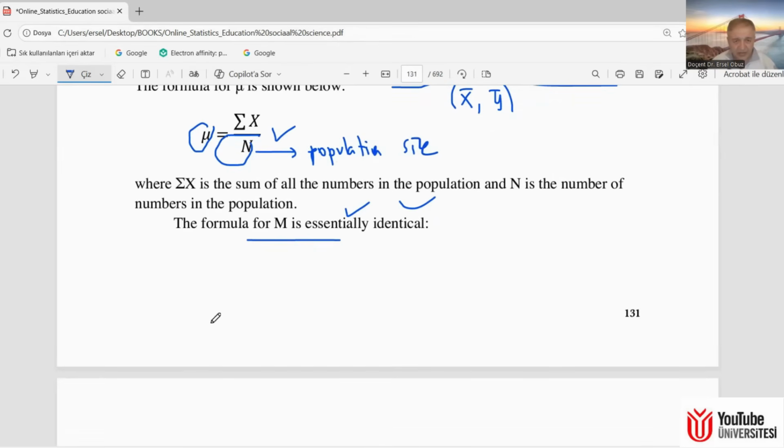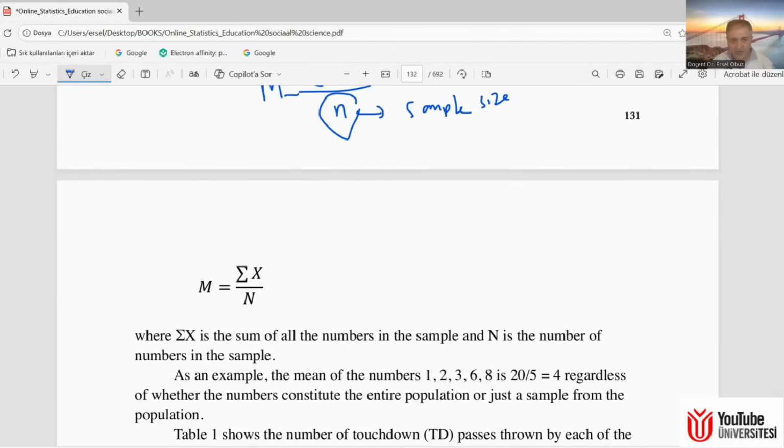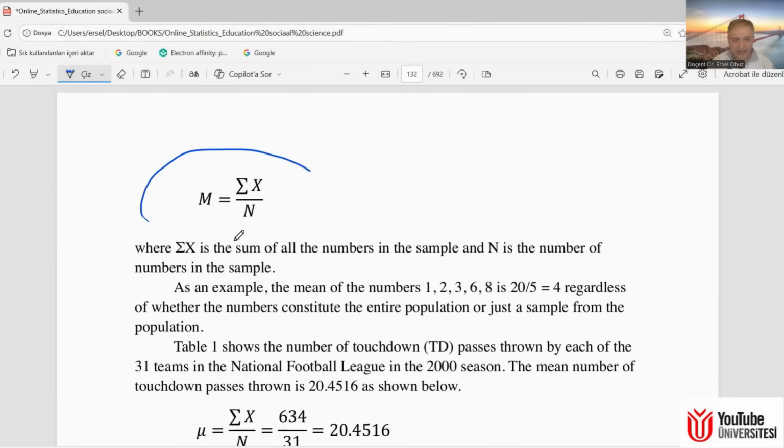But when you have the M, you will have the total of X divided by N, where N is going to be the sample size. Exactly. Here they use the same nomenclature.